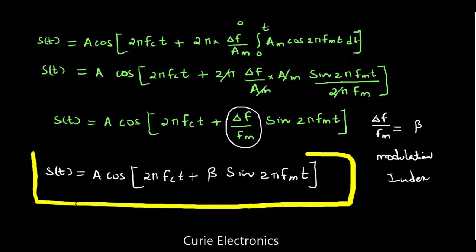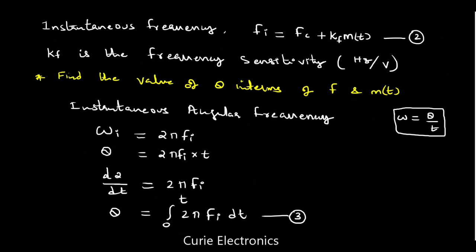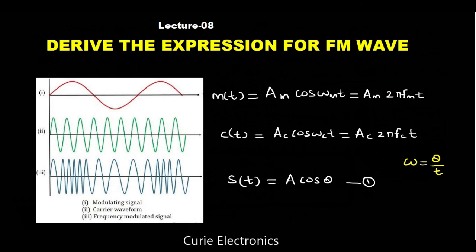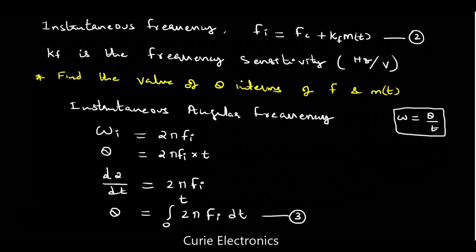Before saying bye, we'll quickly revise how I derived this. Our message signal and naming we are done, and the modulated FM wave we have taken as s of t, that is A cos theta. Then we wrote the instantaneous frequency variation of the FM. Then what is k_f? We said it is the frequency sensitivity.